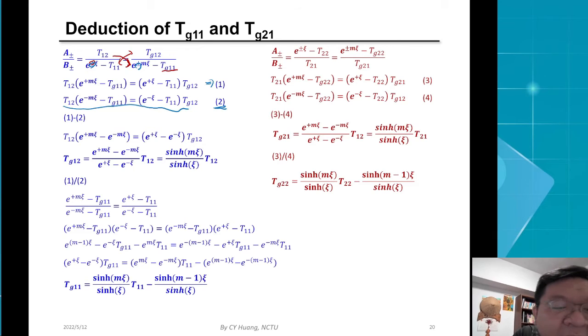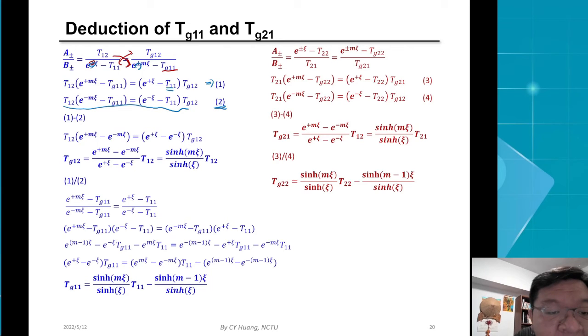So first we can do a subtraction between 1 and 2. Then we can eliminate the T11 here. So that will be T12 times exponential mc minus exponential minus mc. And the right hand side is exponential c minus exponential minus c.